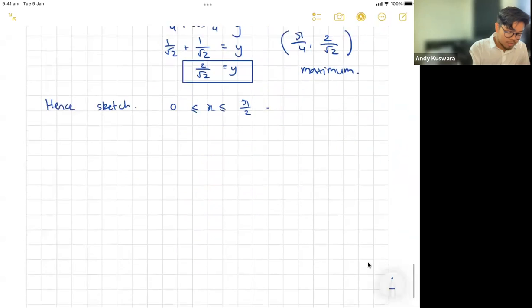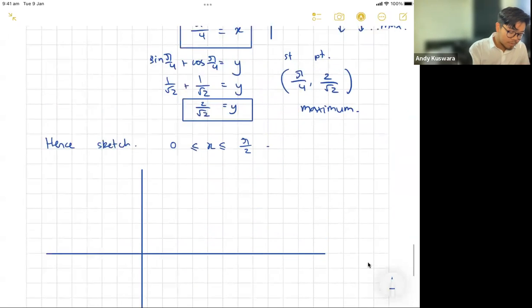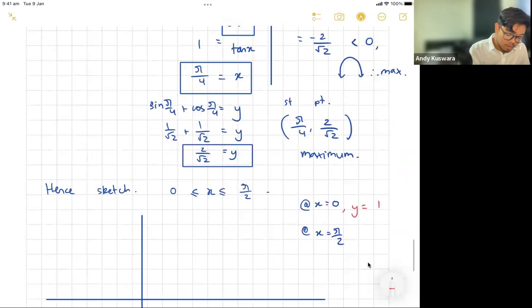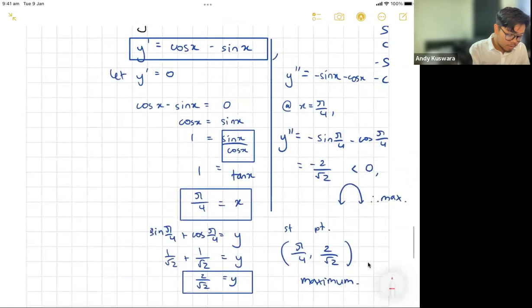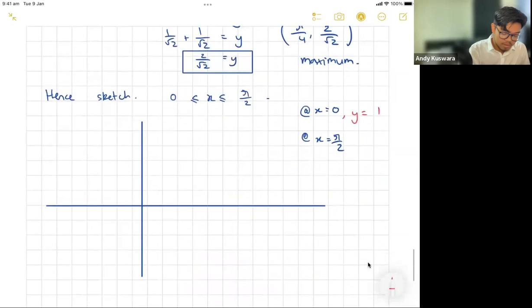I'm just not going to sketch the whole thing, but let's take a look at what happens at x equals 0 and x equals pi on 2, so checking the boundary points. At x equals 0, y is going to equal sine 0 plus cos 0, so that's just going to be 1. Then x is pi on 2, so if I substitute, sine pi on 2, sine 90, is 1, and cos 90 is 0. So again, it's also going to equal 1.